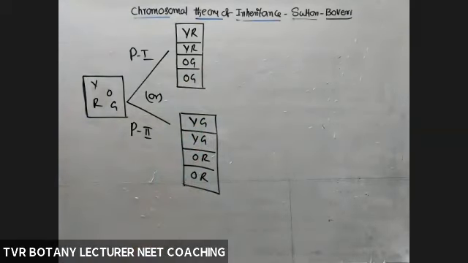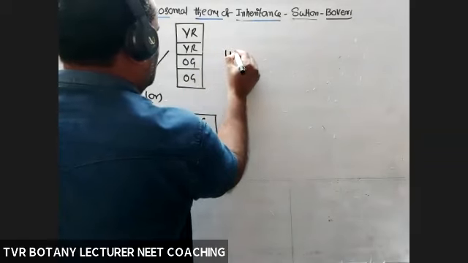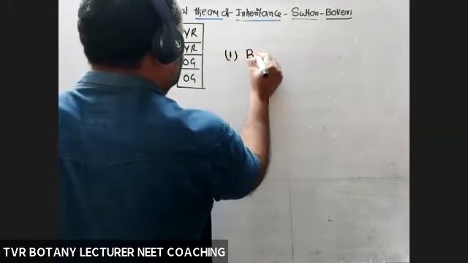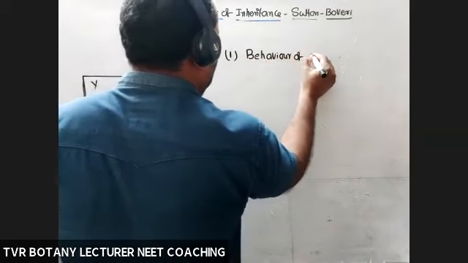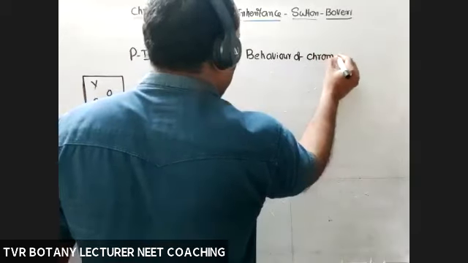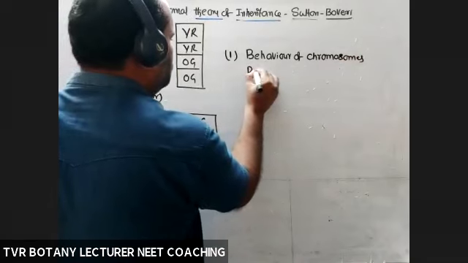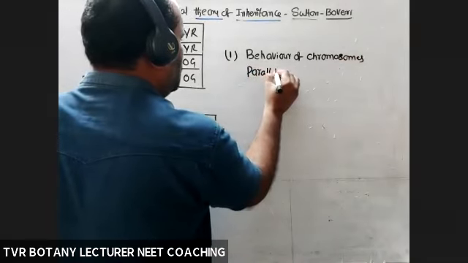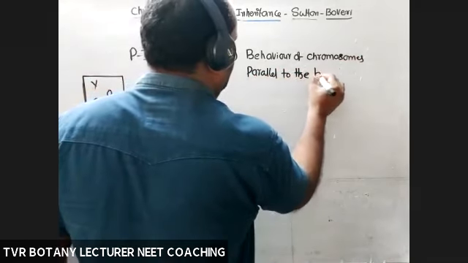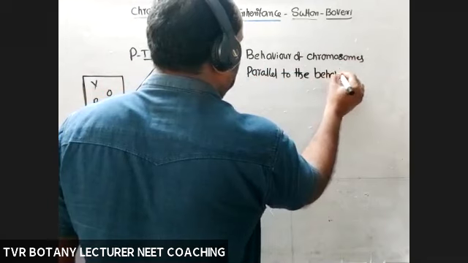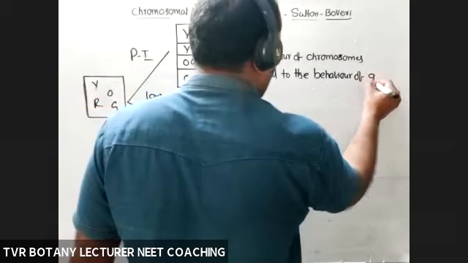Now statement 1, the first statement: the behavior of chromosomes is parallel to the behavior of genes was given.